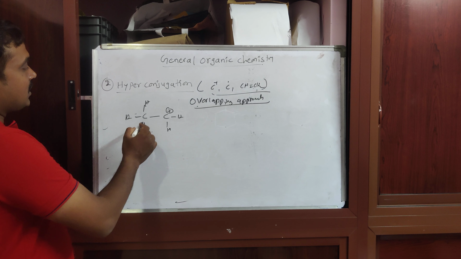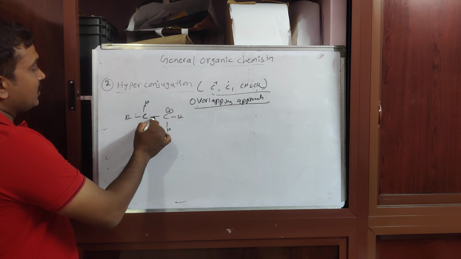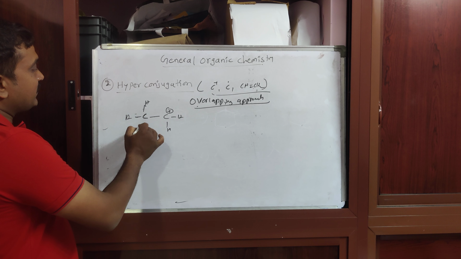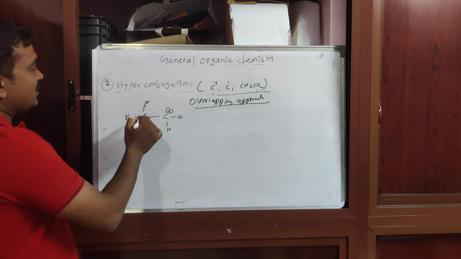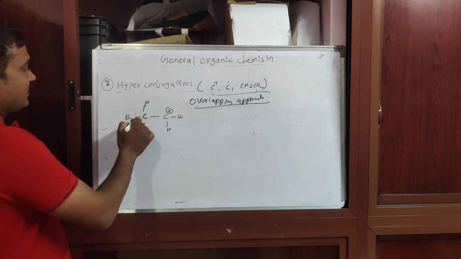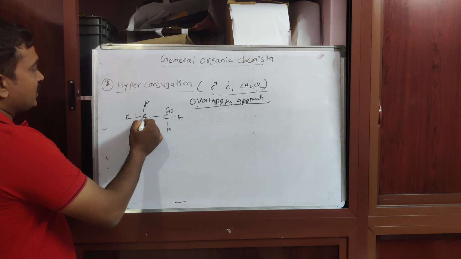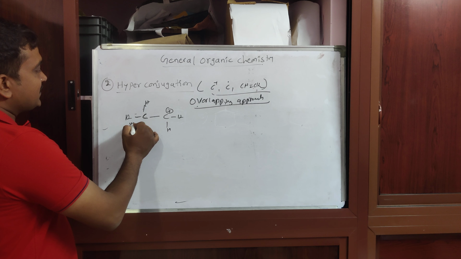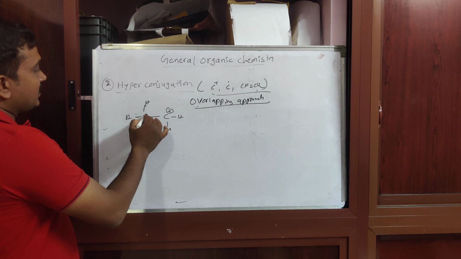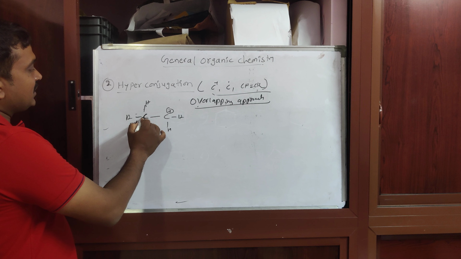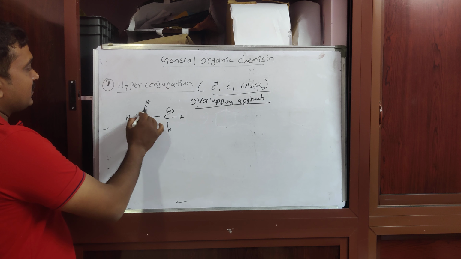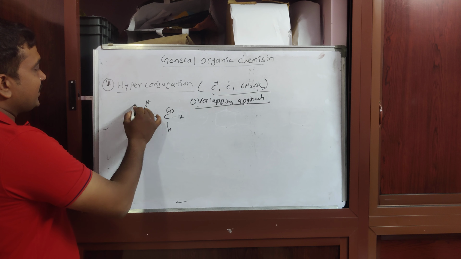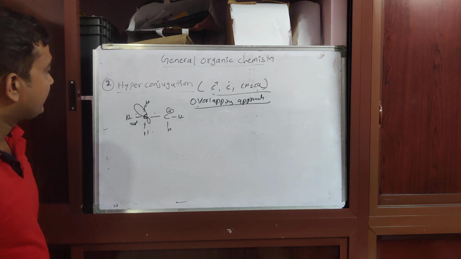This carbon has 1, 2, 3, 4, it will have 4 sigma bonds with hydrogen. It will form 4 sp3 hybridized orbitals. The carbon has 1 p orbital, and these are the 4 sp3 hybridized orbitals.